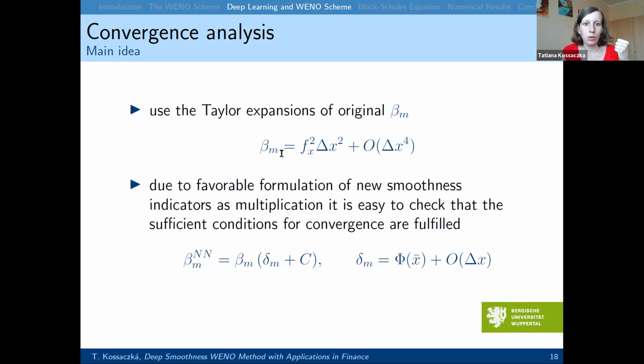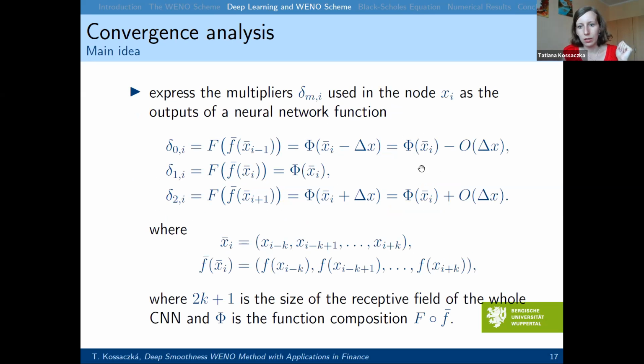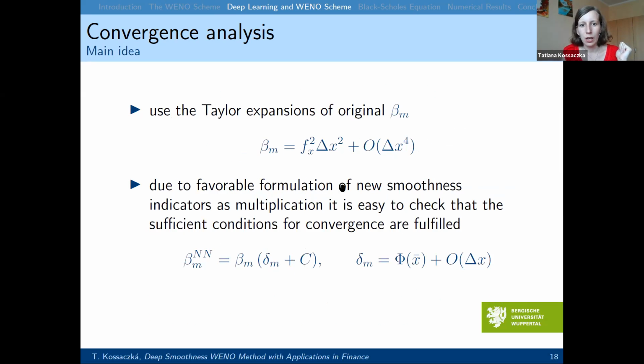It means they also have Taylor expansions, which can be computed. So beta_m is O(delta x to the power of 2). Here we have these deltas in this favorable formulation, and we just multiply the original beta with our multipliers delta_m, and then it's easy to check that the sufficient conditions for convergence are fulfilled.